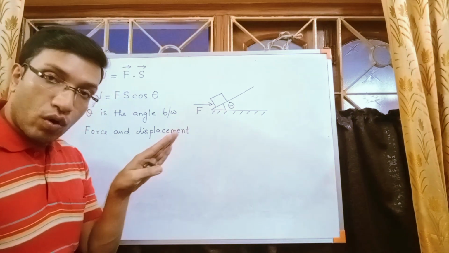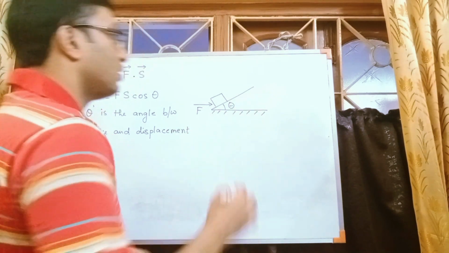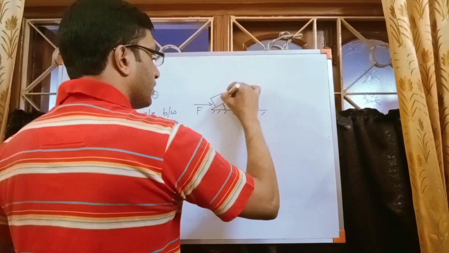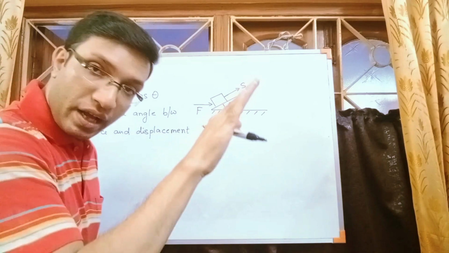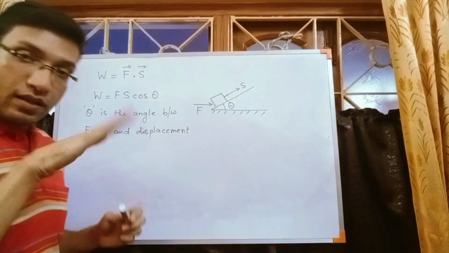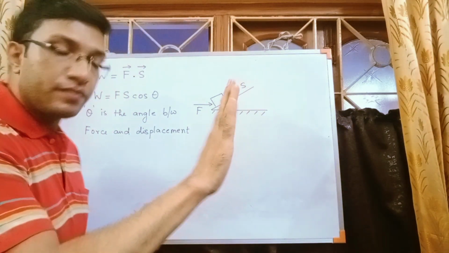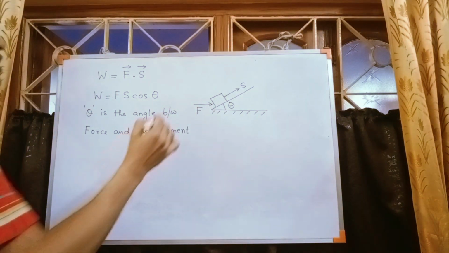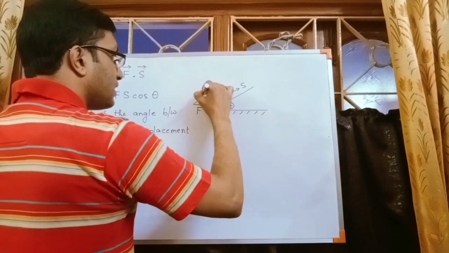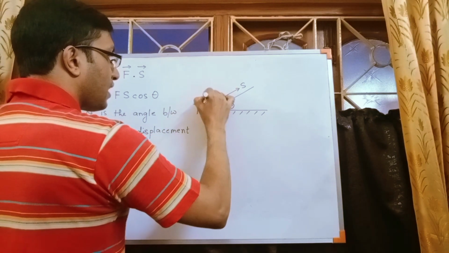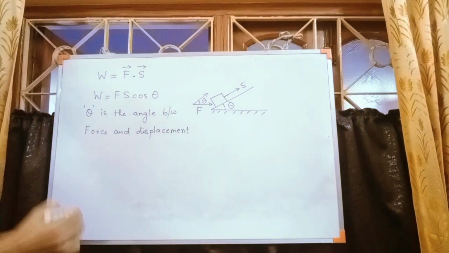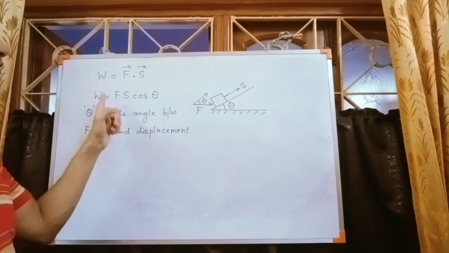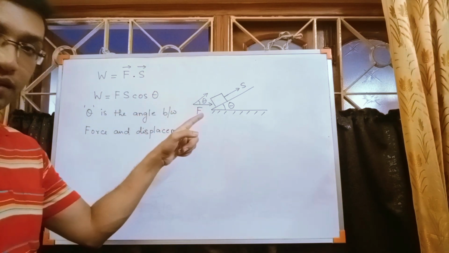No. It goes up the elevated slope. That means the displacement of the body is in this direction. The body gets displaced up the inclined plane, whereas we have applied the force horizontal or parallel to the ground, right? So here the angle between force and displacement is theta. This angle we are calling it as theta. So the simplified form for work done comes out as F(S) cos theta, right?